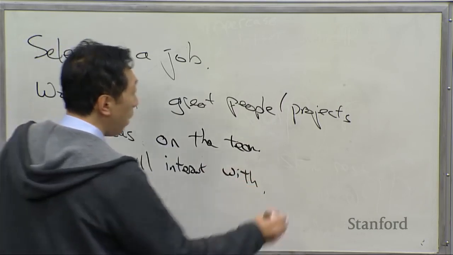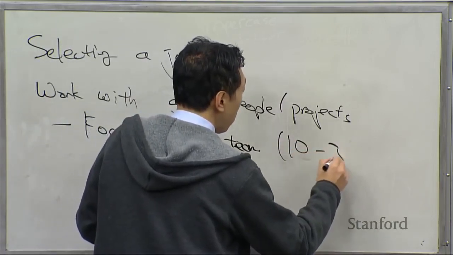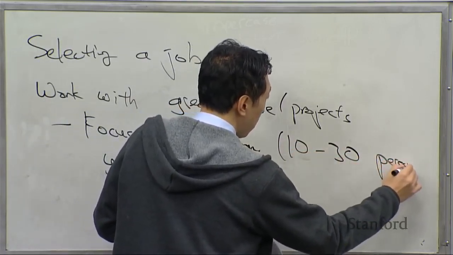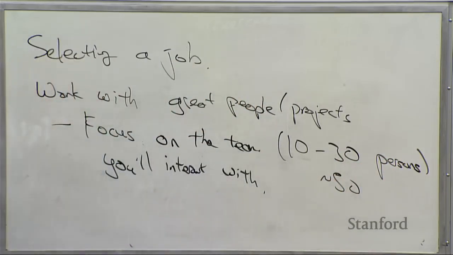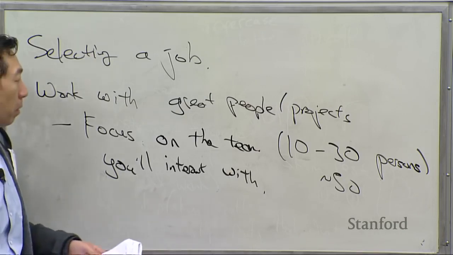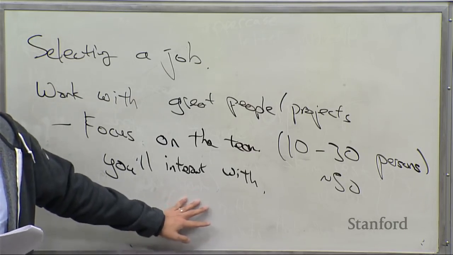you interact with. And by team, I mean somewhere between 10 to 30 people, maybe up to 50. There will be some group of people that you interact with quite closely, and these will be your peers and the people who influence you the most.